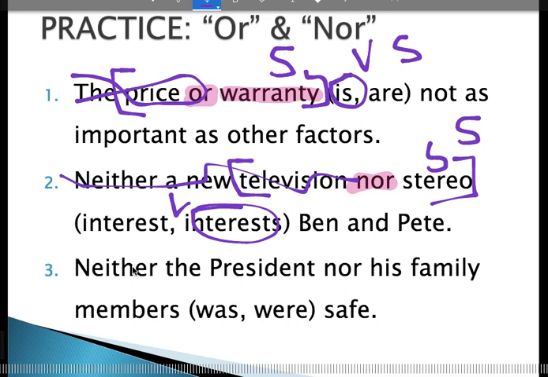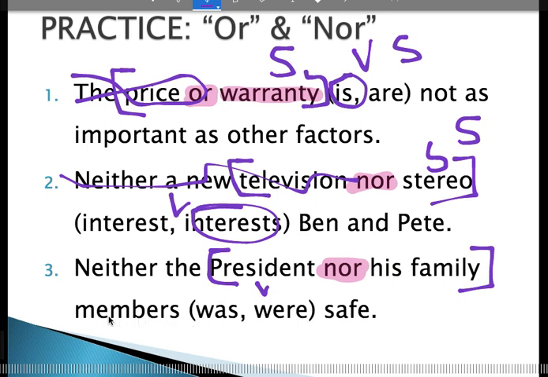Last example, neither the president nor his family members was or were safe. So this is our verb. Who was or were safe? Well, the president and his family. So that's our subject. Again, we have the word nor. So we are looking at the subject closest to our verb, which would be his family members.